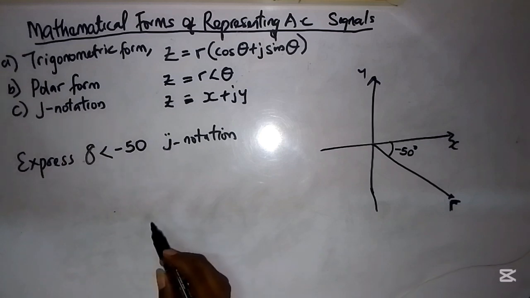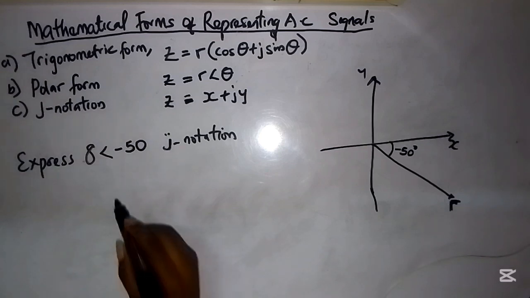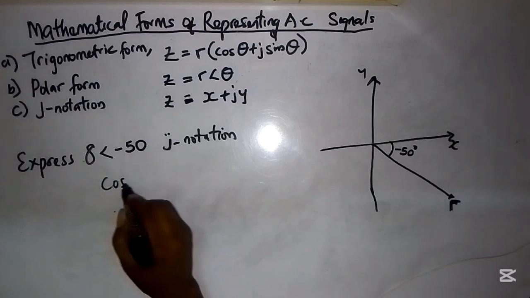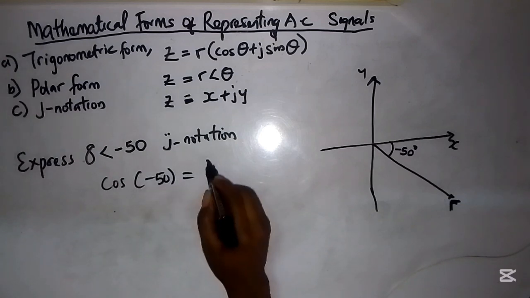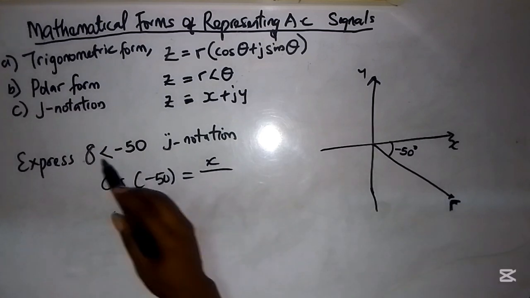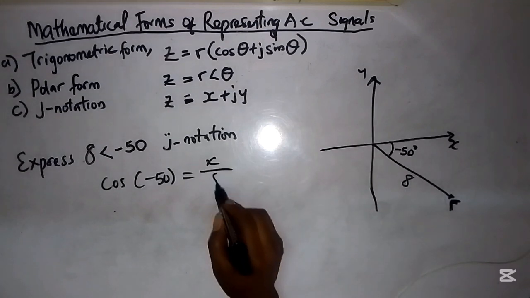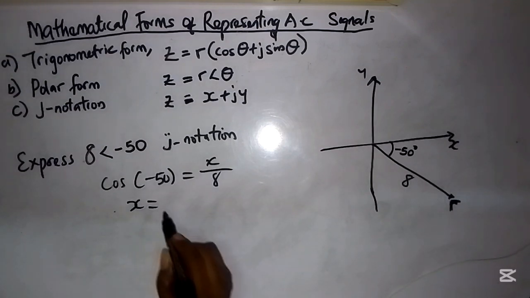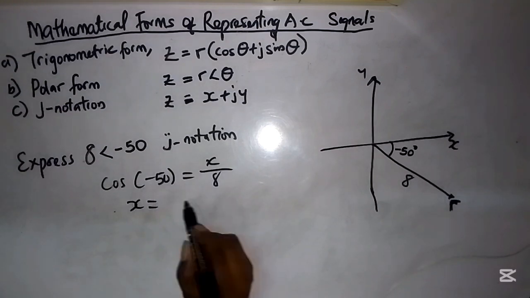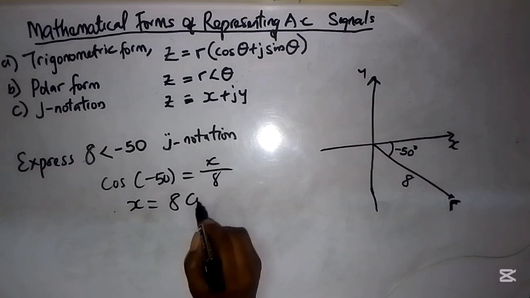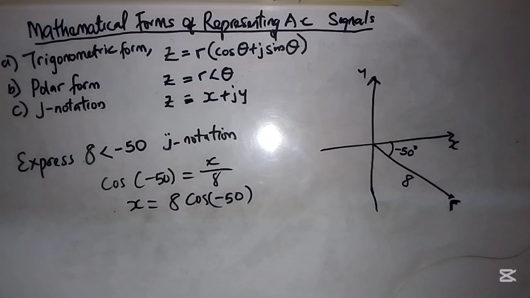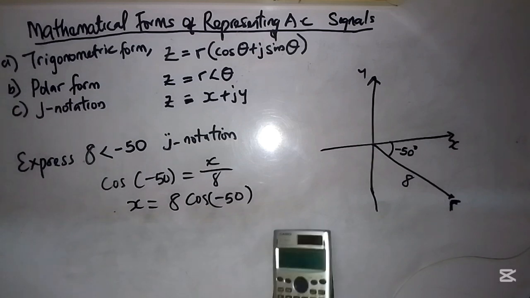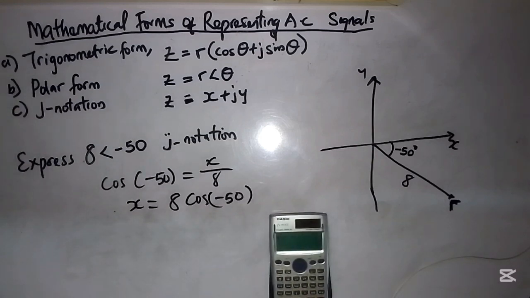So I can quickly substitute that into our equation, saying that cos minus 50 is the same thing as x all over the value of r, which is 8. So our x can be gotten from multiplying this together, 8 cos minus 50, and then we can use our calculator to get our expression.